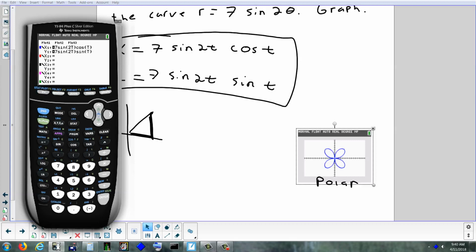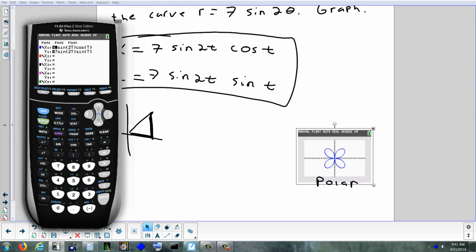It's the variable in that expression, because it's inside a trig function. Anything inside a regular trig function is always an angle. Okay, T represents an angle.